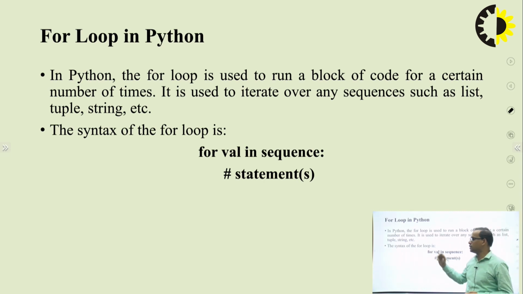The basic syntax of the for loop is: at first we mention the for keyword, then a variable, then in and the sequence, and then the statement. The for loop will traverse the sequence starting from index 0 to the last index.